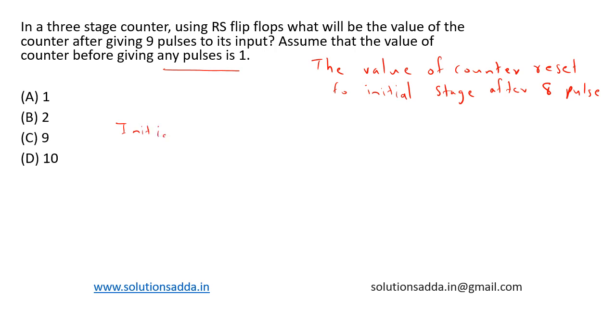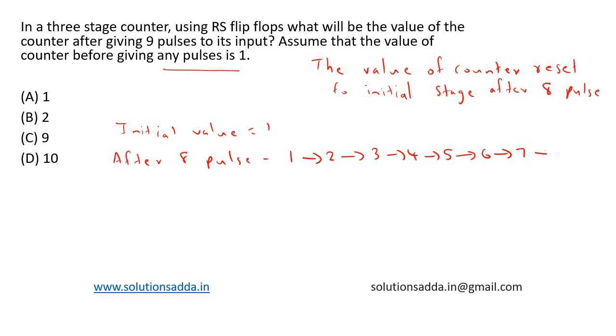Based on this, let's perform the calculation. Initial value is equal to 1. Now after 8 clock pulses, from 1 it will move to 2 in 1 clock pulse, 2 to 3, 3 to 4, 4 to 5, 5 to 6, 6 to 7, 7 to 0, 0 to 1.